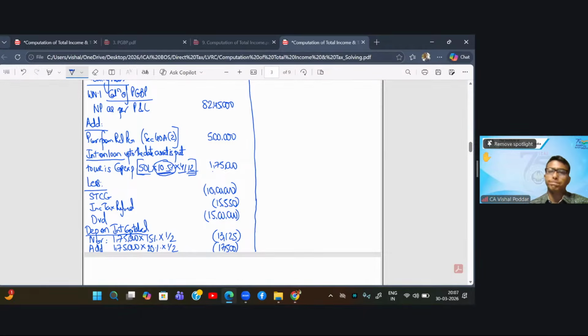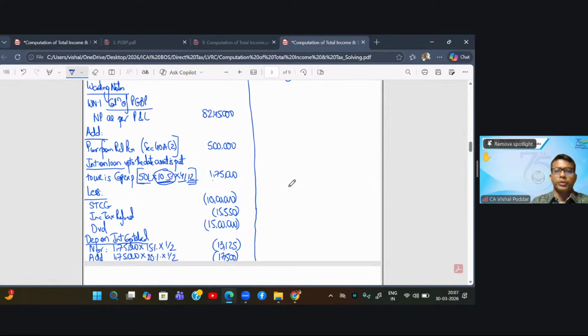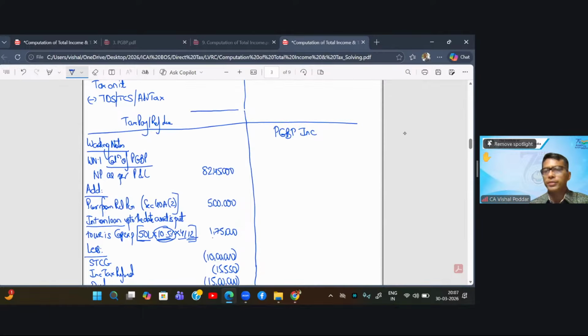Okay. So students, the figure I am getting is, yes, Nagaraj, I'm getting the same figure. So 63,73,825 is my PGBP as per the old scheme.